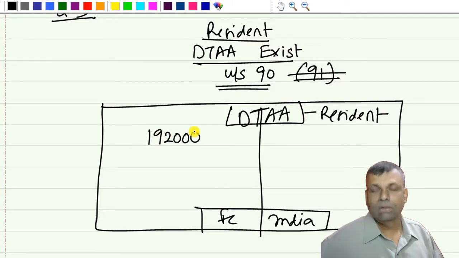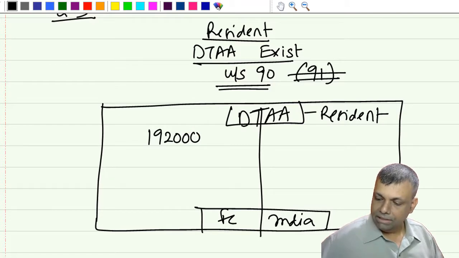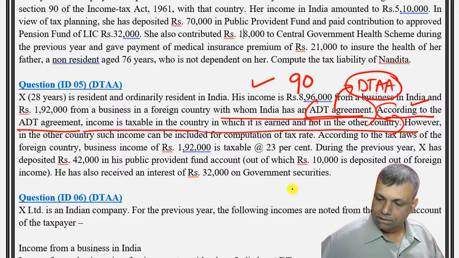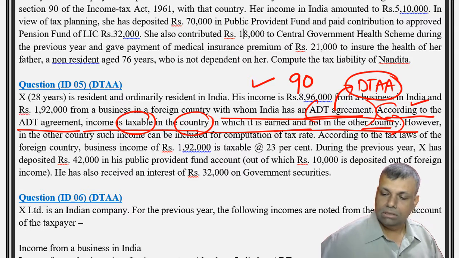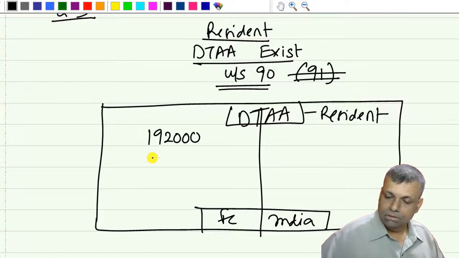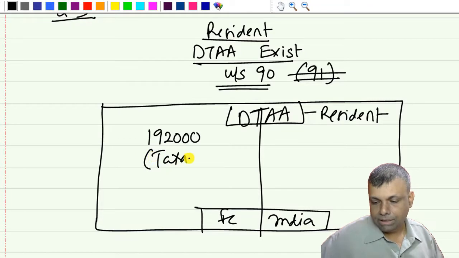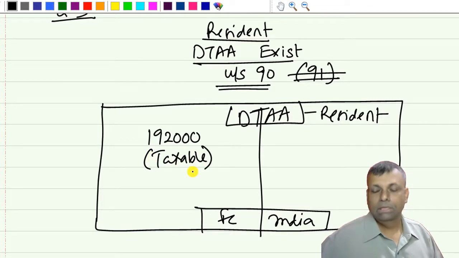Now what is the meaning of that sentence? That is only what you have to understand. It is the heart of this particular question. According to the ADT agreement, income is taxable in the country in which it is earned and not in the another country. So these 1,92,000 is taxable in the country in which it is earned.